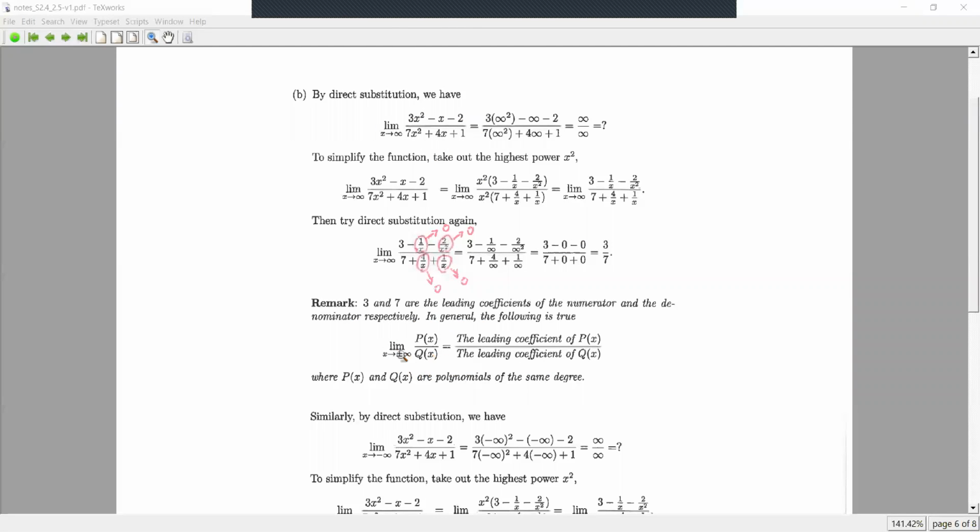For a limit at infinity, where the function is a polynomial over a polynomial, and these two polynomials have the same degree, just like here, degree is 2, then the limit is the leading coefficient of polynomial p over the leading coefficient of polynomial q. In general, this is true.